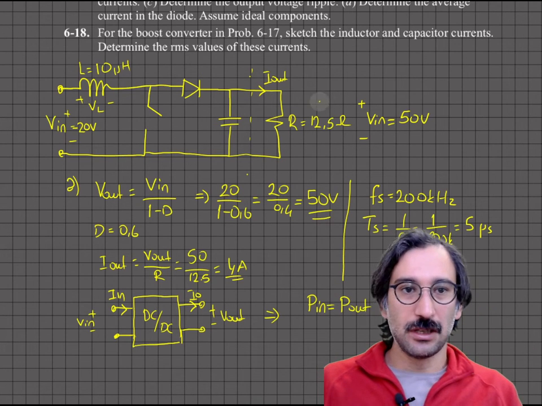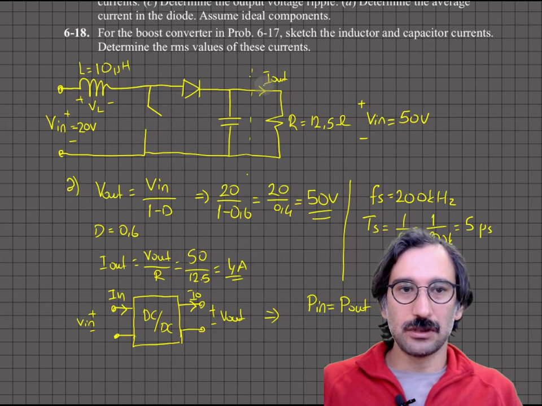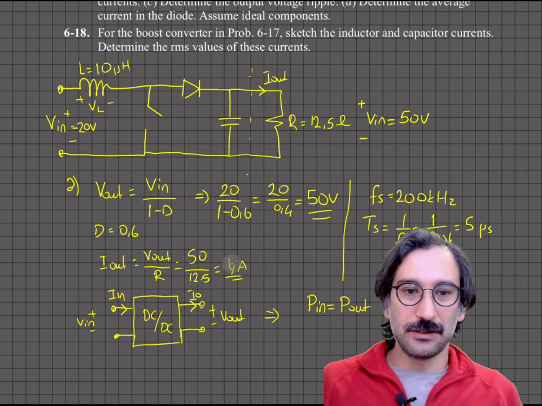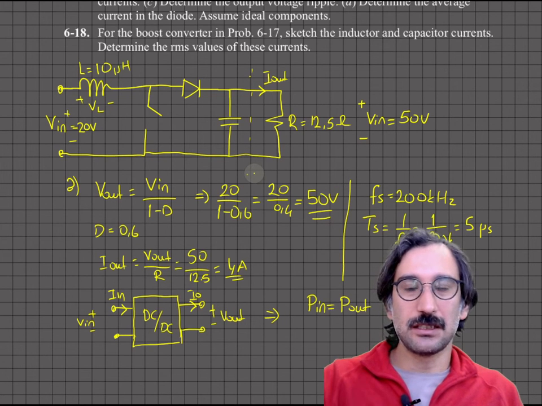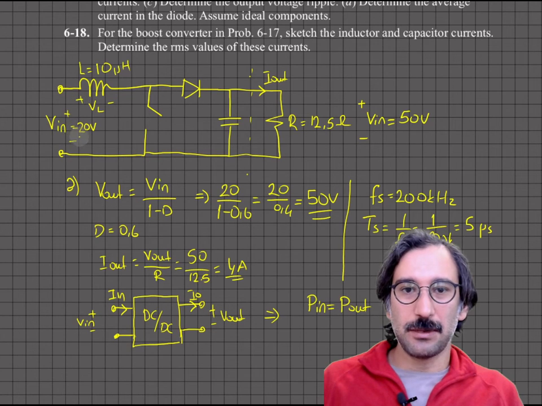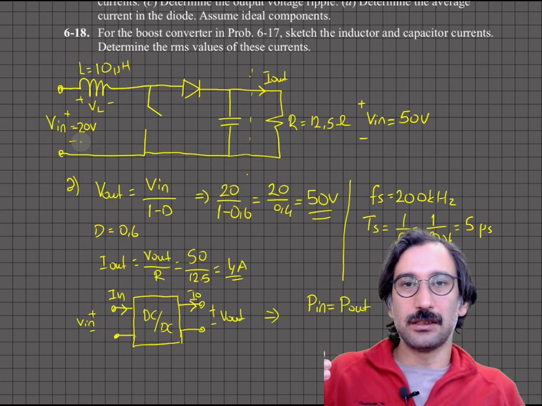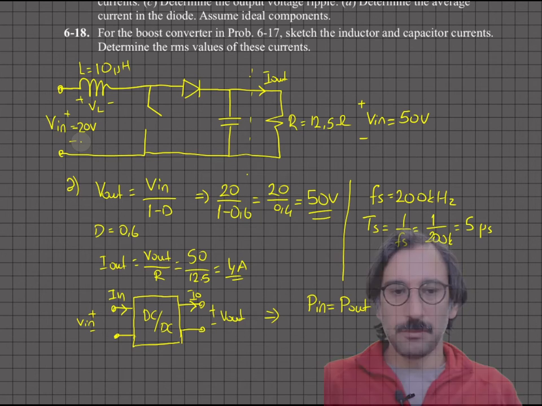Because let's say we are increasing the voltage, and if 4 amps is getting out, it is 50 times 4, 200 watts supplied. But if we draw 4 amps from the input, that just makes 80 watts. So 80 watts coming in and 200 watts going out. So that's not possible.